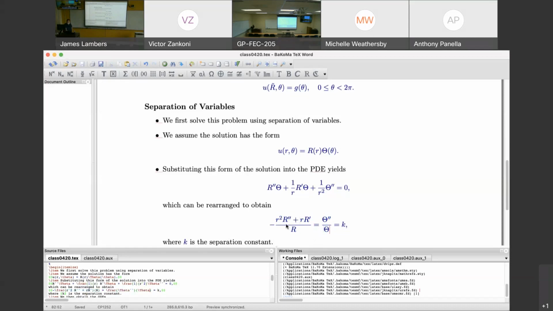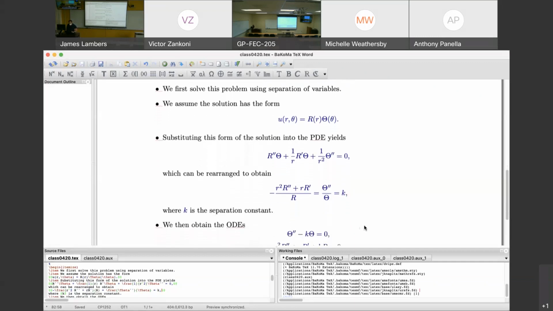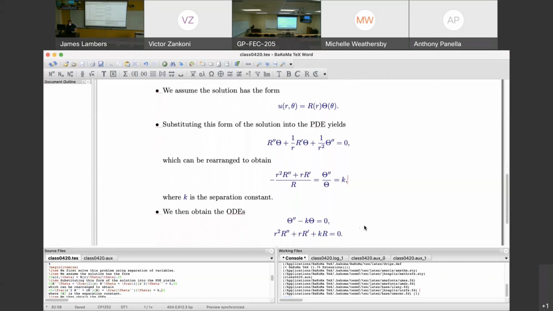Those are independent variables, so the only way they can be equal is if both are equal to a constant, k, that is the separation constant. It is the exact same way the separation of variables worked out before, but I figured the review is helpful because it's been a while.